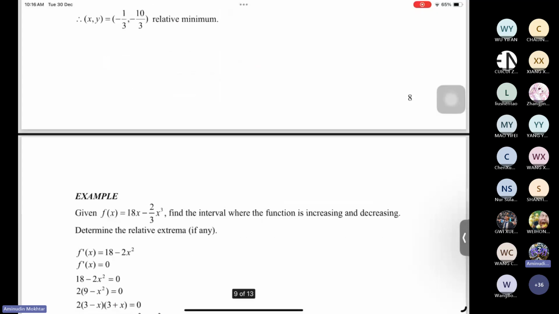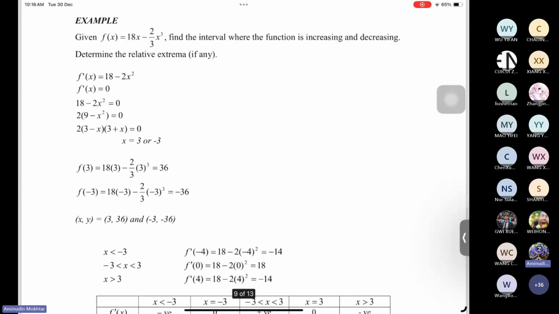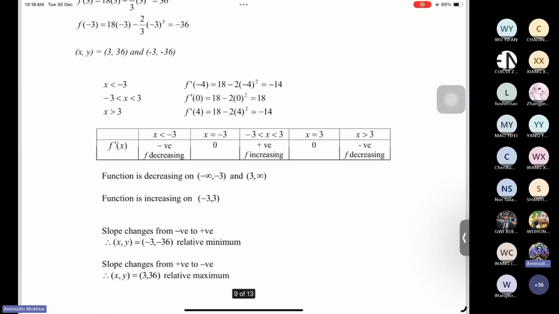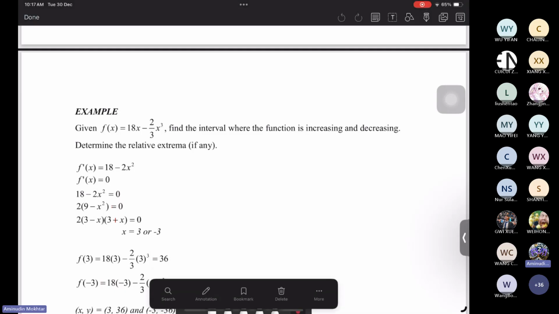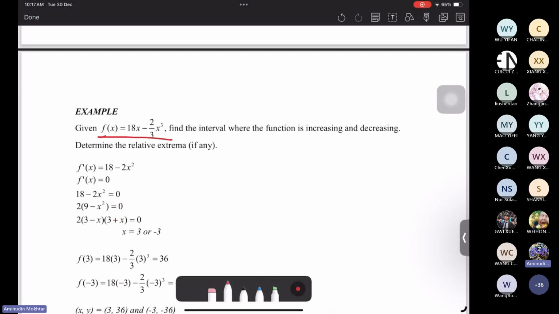Given f(x), page 9. I have a graph. Please refer to the additional file that I have. You can find the file in UKMfolio.